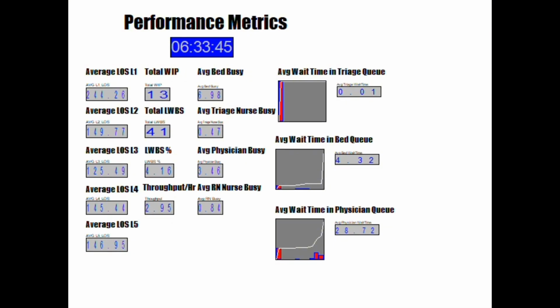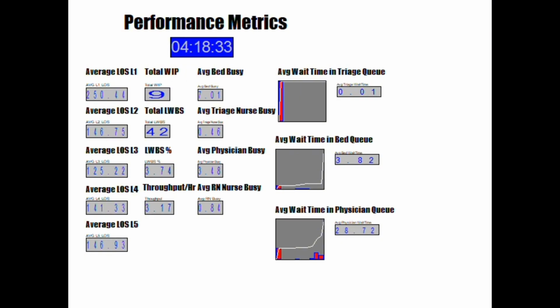We also are keeping track of how many entities we have in the system at a time, aka our total work in progress, as well as the left-without-being-seen percentage, which stays around 3 to 4%, which we, through our research, determined to be acceptable. We also keep track of our throughput per hour, which is around 3 to 4 entities, which also is acceptable.